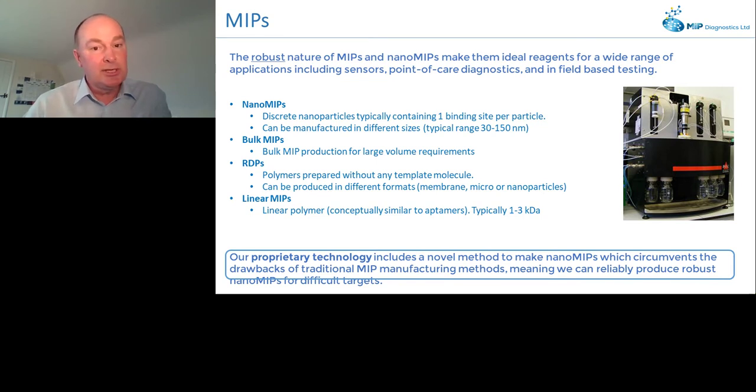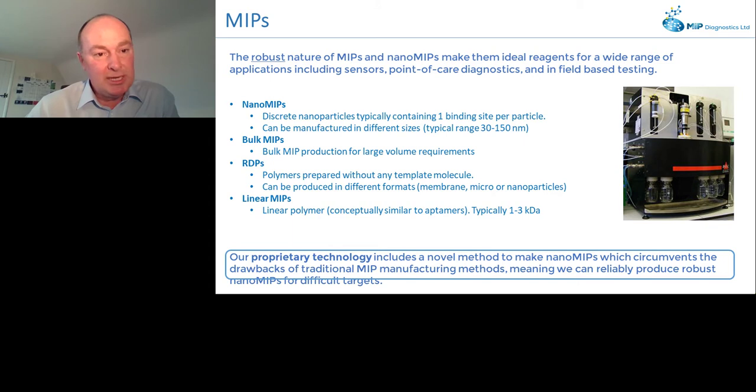So just to cover some of the different versions of MIPs which exist, the original format was what we now call bulk MIPs. These were originally invented around, I think it was 1930, so they've been around for a very long time.